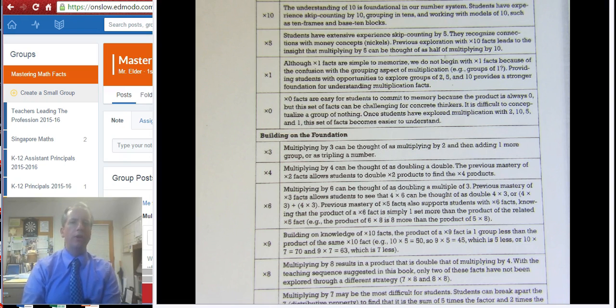So if I can figure out double 9 is 18, then 3 times 9 must be that 18 and one more set of 9. So I can solve 3 times 9 by understanding what my doubles are, and eventually it becomes a remembered fact, and we can certainly just pull on that as we move forward.